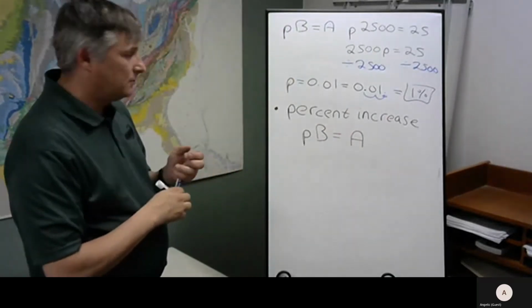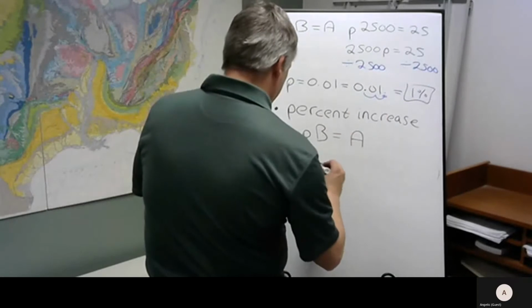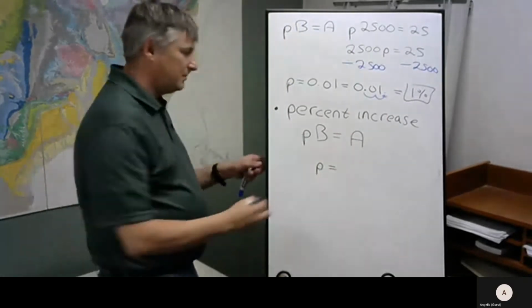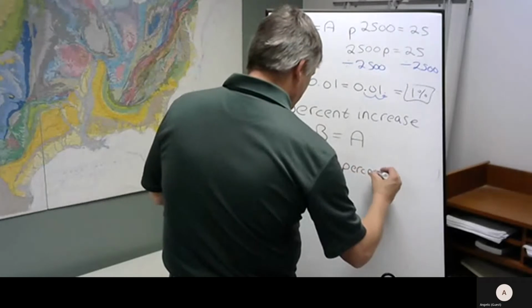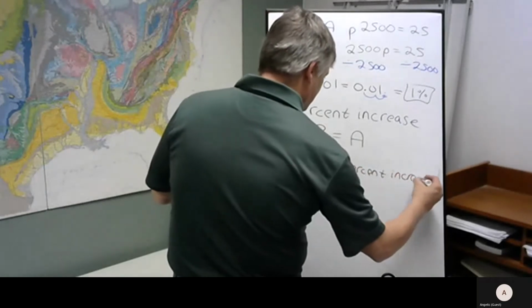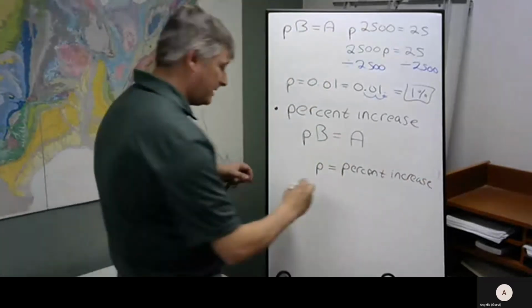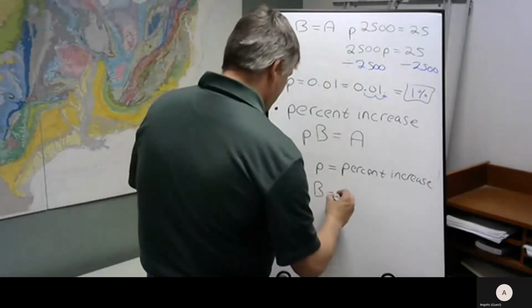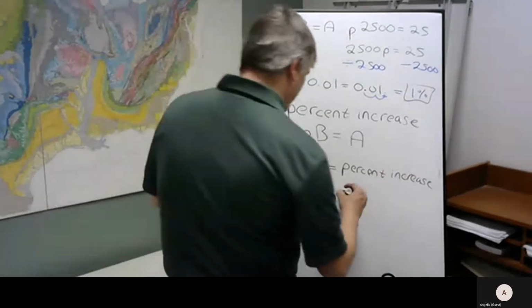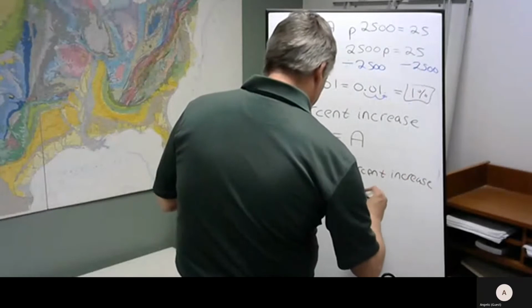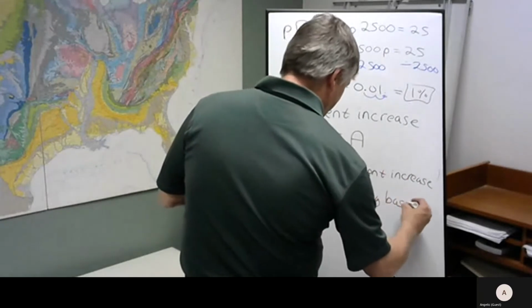And what we're going to do is that P, again, is going to be our percent increase. B is going to be our starting amount, or starting base.